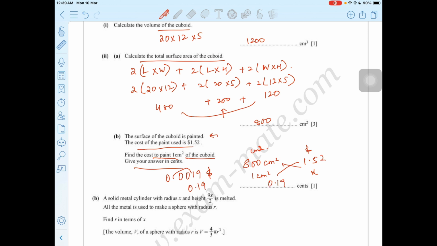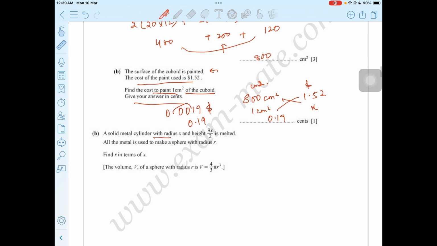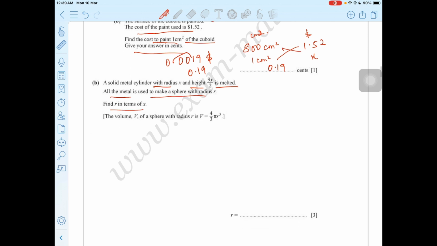Okay, a solid metal cylinder with radius x and height 9x upon 2 is melted. All the metal is used to make a sphere with radius r. Find r in terms of x. Okay, so basically what they have done is a solid metal cylinder with radius x and height 9x upon 2 is melted, and all the metal is used to make a sphere with radius r.